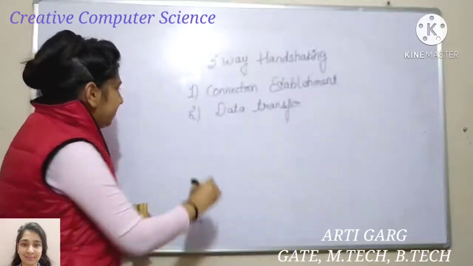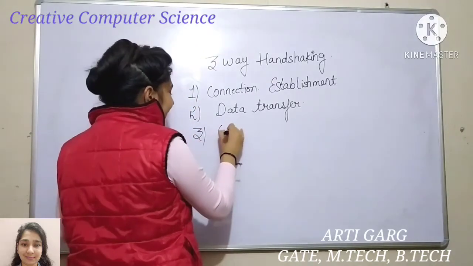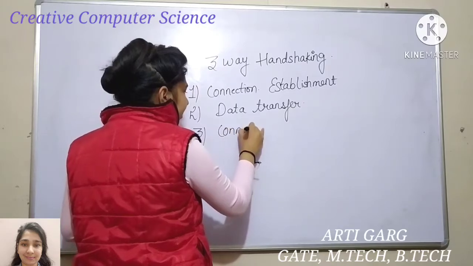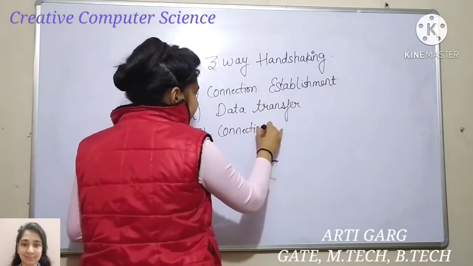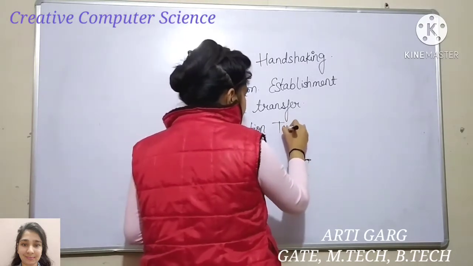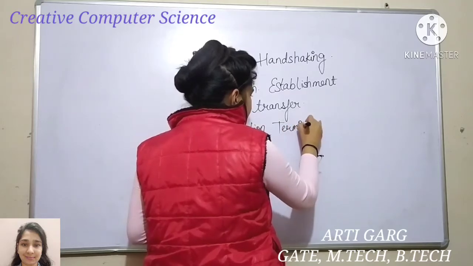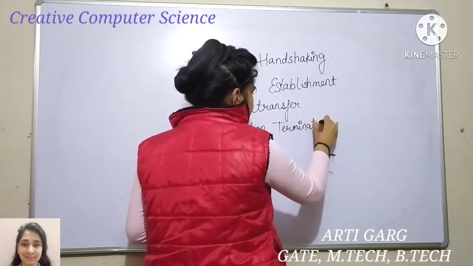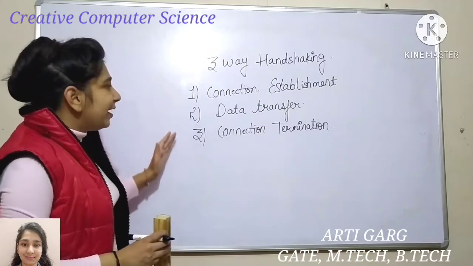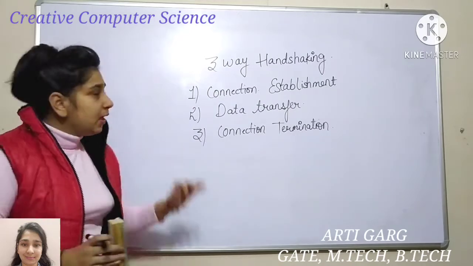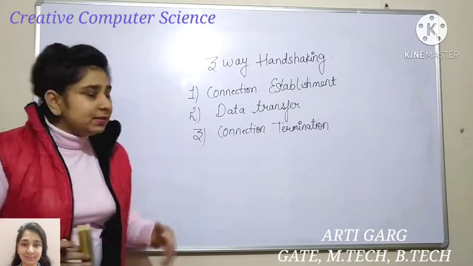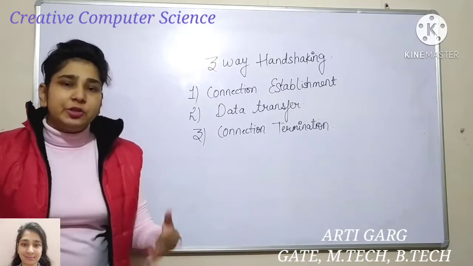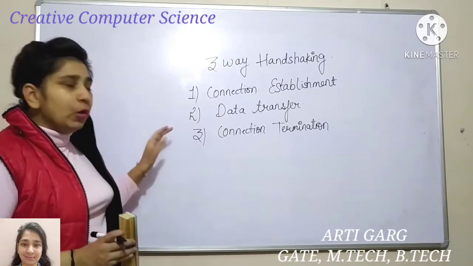The third step is connection termination. So these are basically the three steps which every device that wants to communicate with another has to follow.